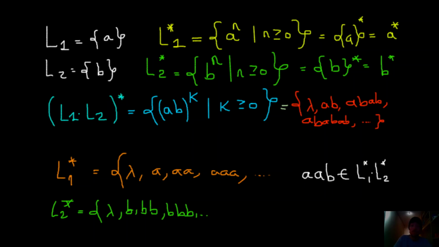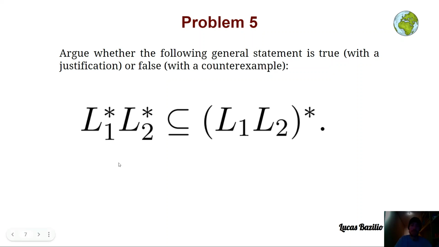So we can conclude that this word belongs to this resulting language, and also that the word AAB doesn't belong to the resulting language on the right of our statement, which is L1 concatenated with L2, all in parentheses, with the Kleene closure. So it is very important to understand this. We have arrived at a point where we encountered a word that belongs to this language and doesn't belong to this language. Therefore, there's no way that this language can be a sublanguage of this one.